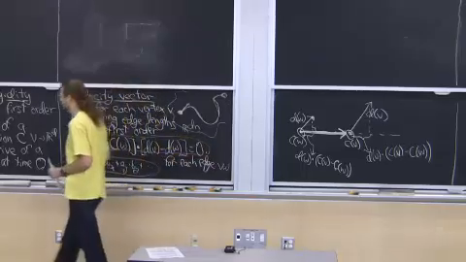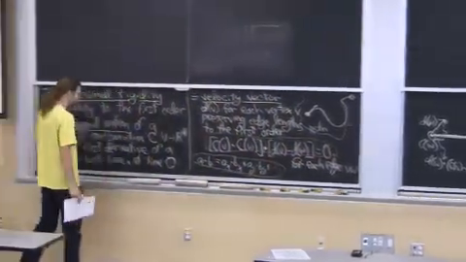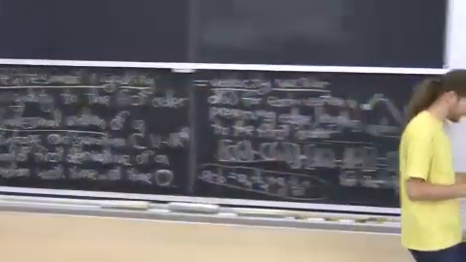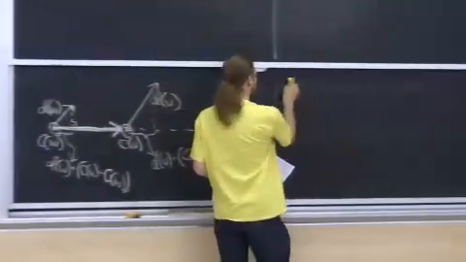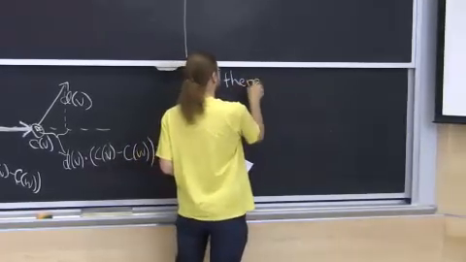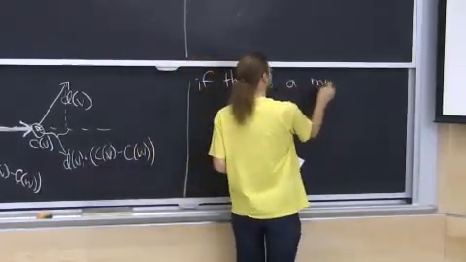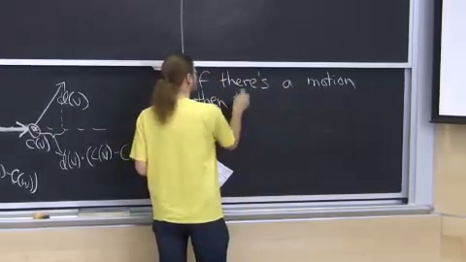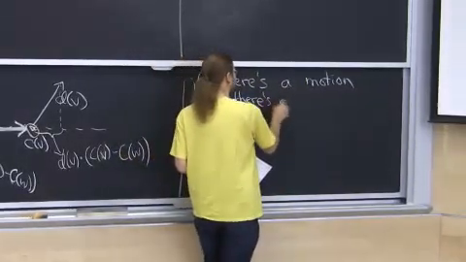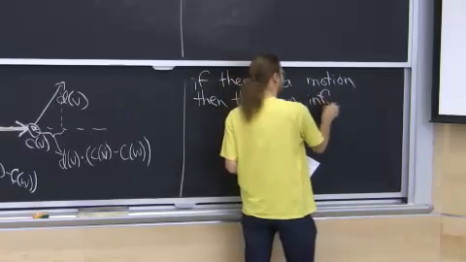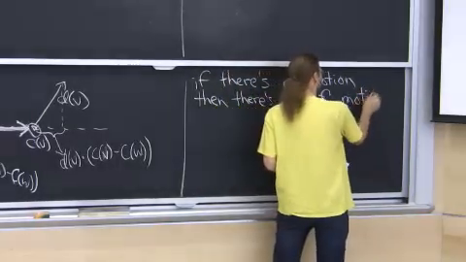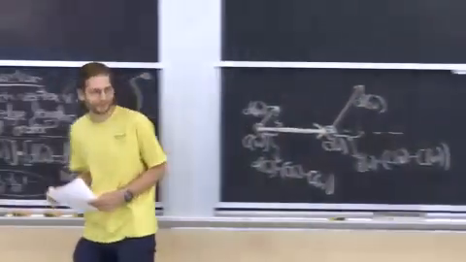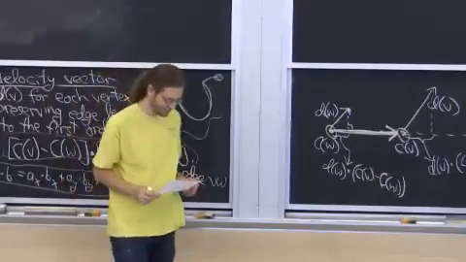And it's useful to realize that it's a first derivative of a motion because what that implies is that if there's a motion, a real honest-to-goodness motion, then there's an infinitesimal motion. I'm going to abbreviate that inf motion. Infinitesimal means very tiny, smaller than anything, I think, is the literal meaning.